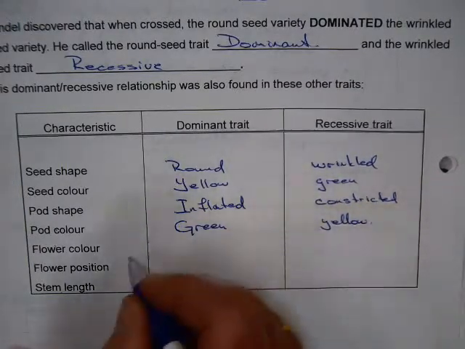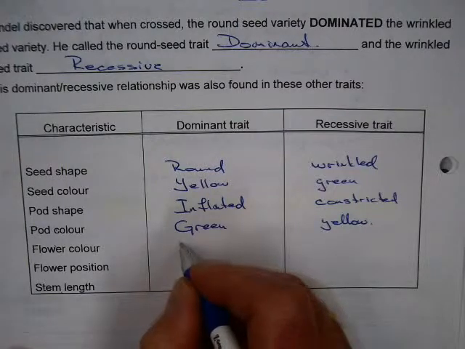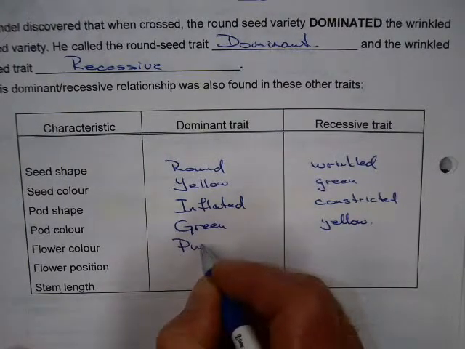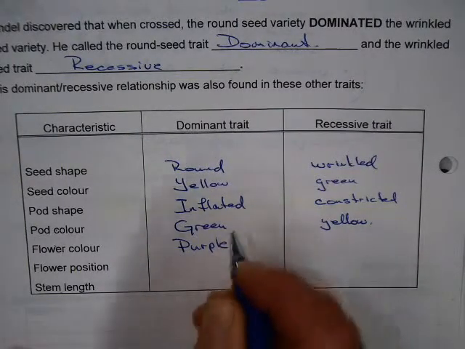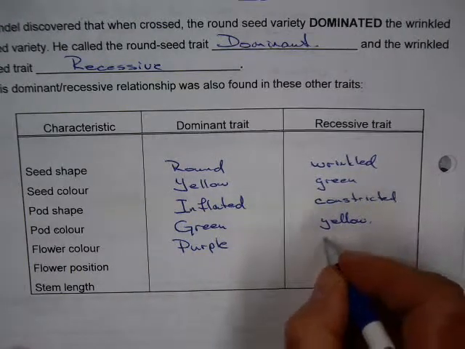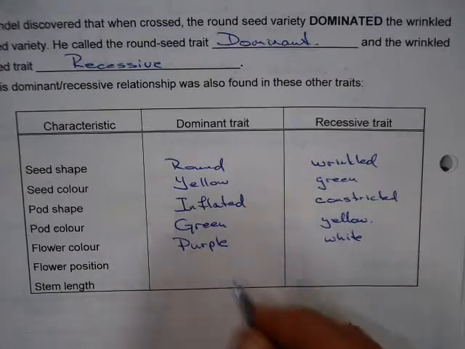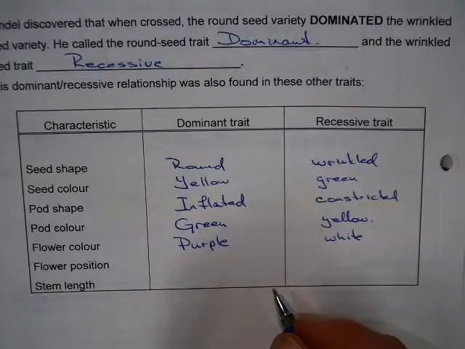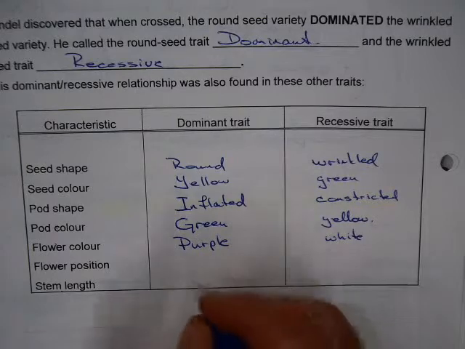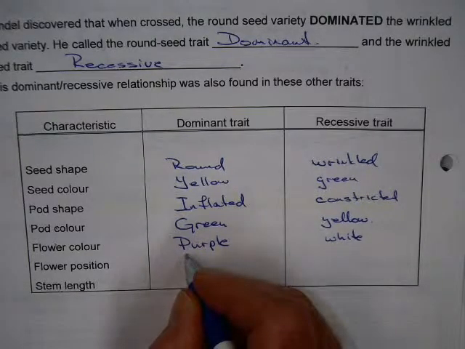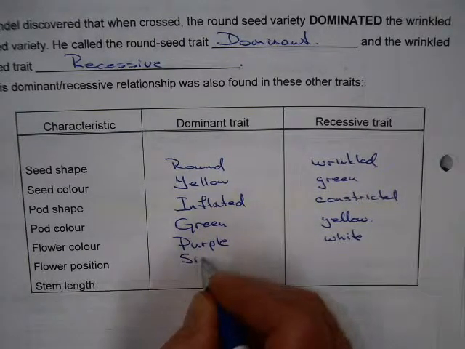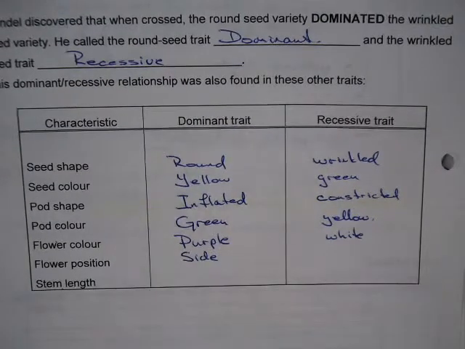The flower color, dominant flower color, was purple. Recessive, white. Flower position, I'm going to use simple words. Side. So at the side of the stem, like if this is the main stem and you've got more things going off. What's the action?